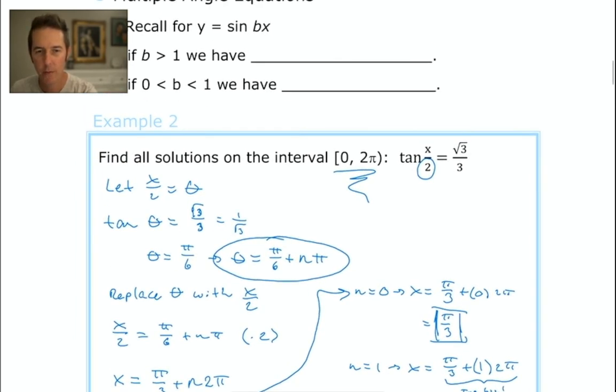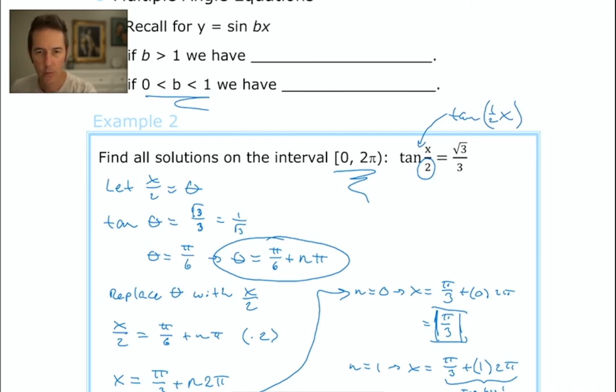Oh wait, the b value is not a 2. We're supposed to be multiplying it. What this really says is the tangent of 1/2 x. So the b value is a 1/2, which is between 0 and 1.